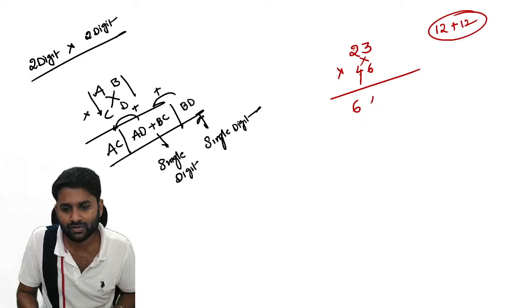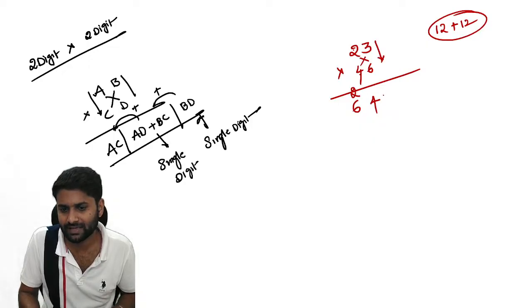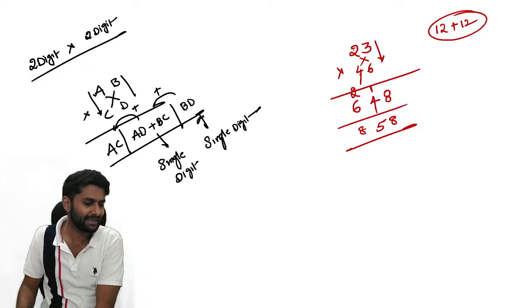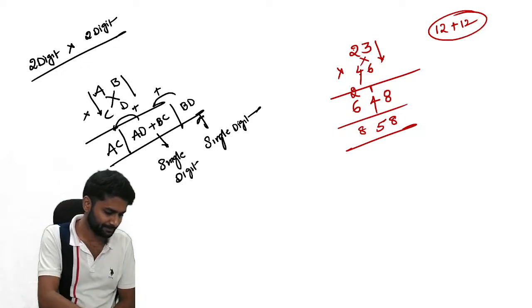If the sum value is 24, take 4 and 2 must be carried over. And finally, 6 into 3 is 18. So write down 8 and 1 is carried over. Then the resultant is 1, 0, 5, 8. So the answer 1058 is the resultant of 23 into 46.